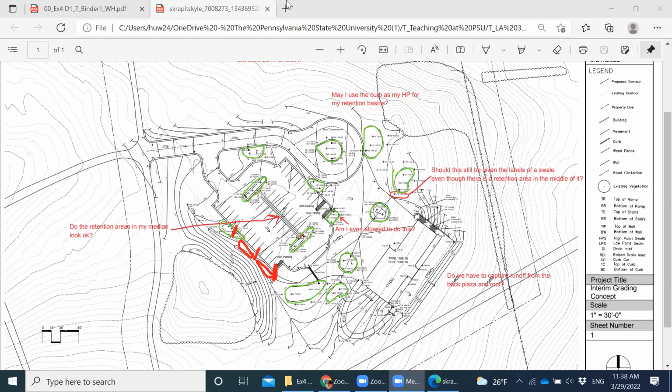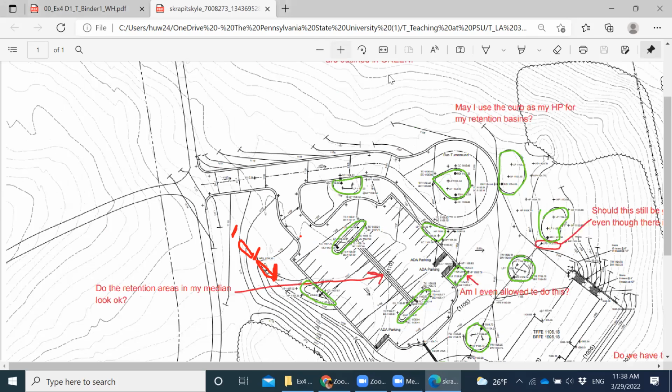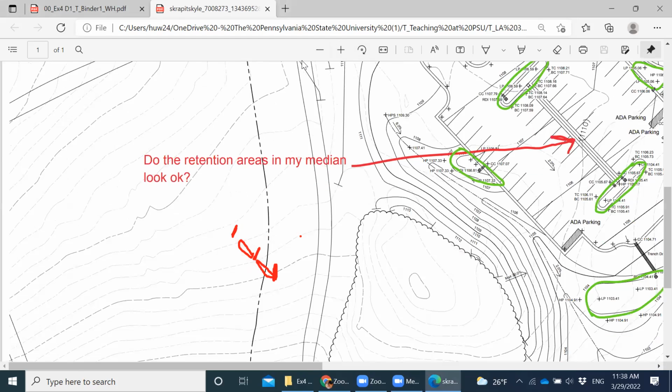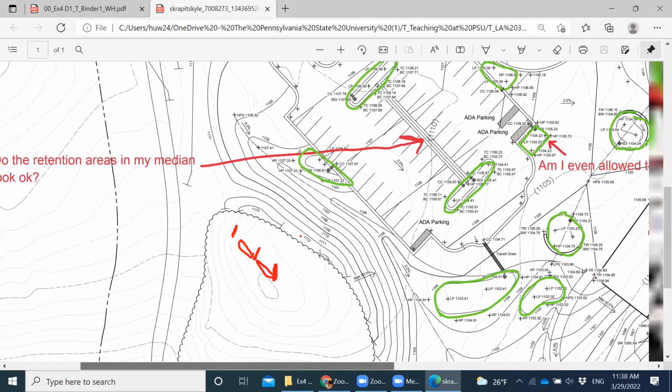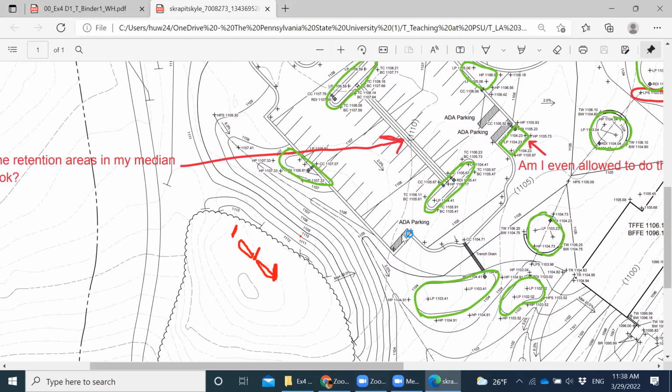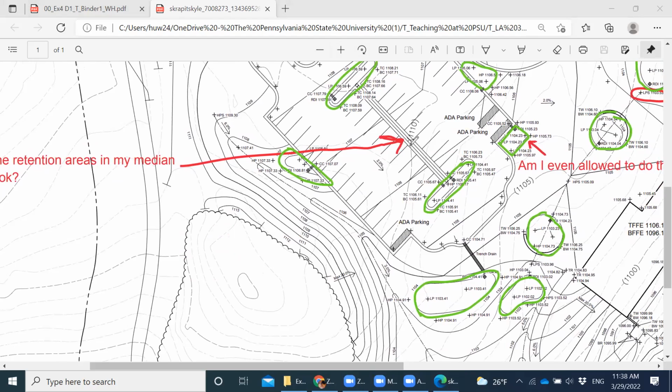Is it 20% slope? Yeah, if you increase to 25, then you have a little bit more space.